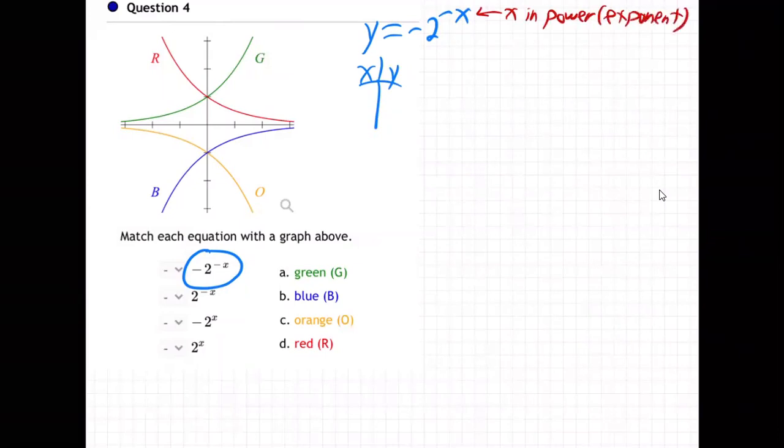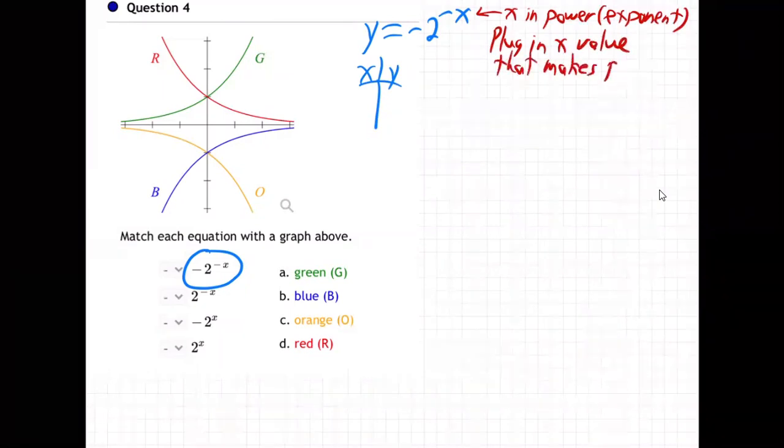And so how do you graph them? Well, you plug in an x value that makes the power equal 0. That's a good way to start.